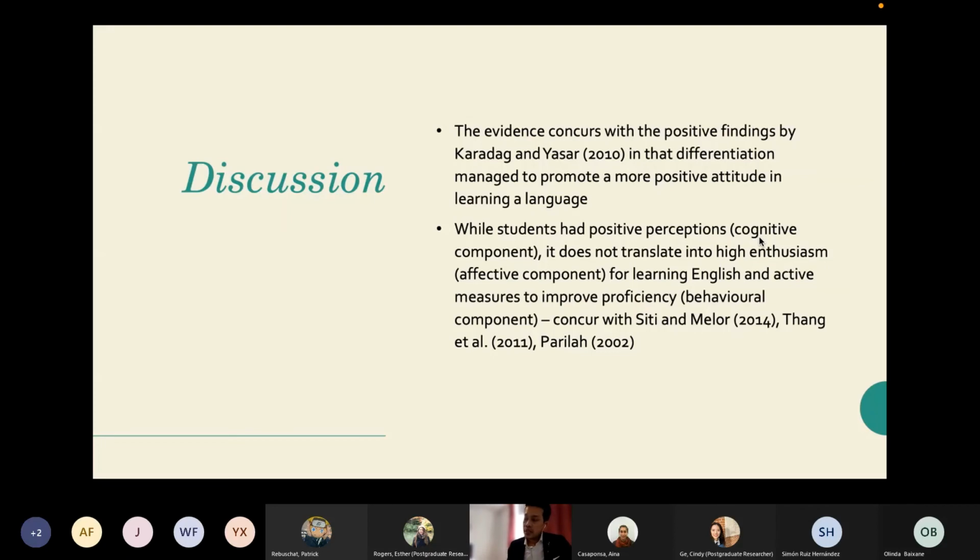The increase in the critical thinking by the learners also concurred with some previous studies on critical thinking that propose that critical thinking can actually be taught.